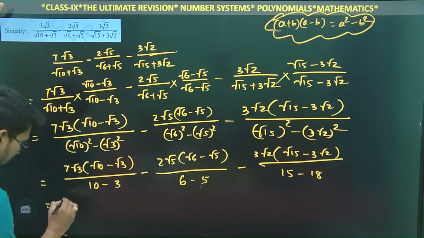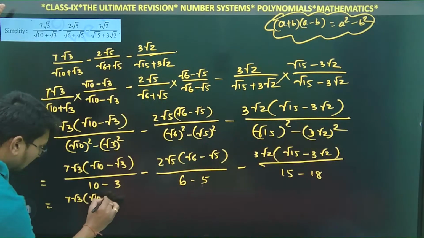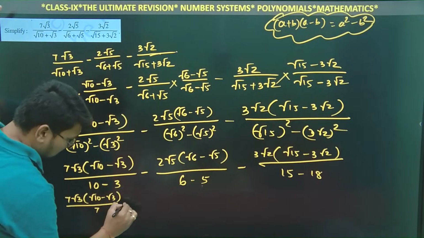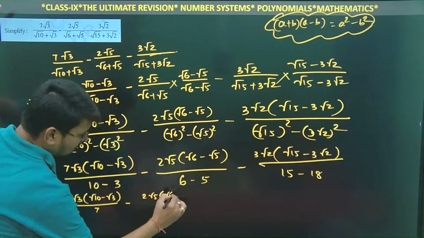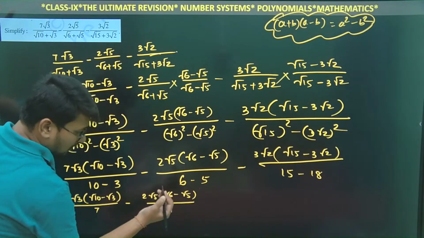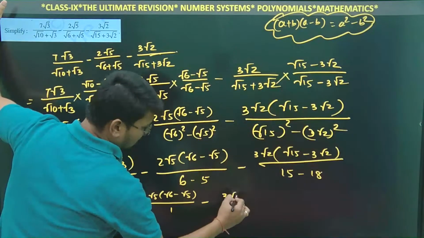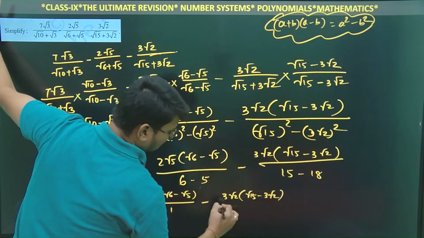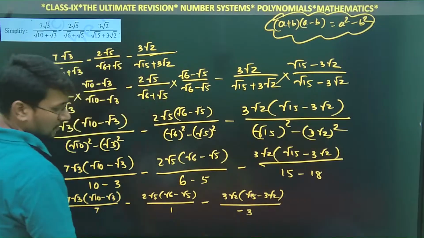So I can write now, this is 7 root 3 into root 10 minus root 3 divided by 7, minus, check, 2 root 5 into root 6 minus root 5 whole, divided by 6 minus 5, which is 1, minus 3 root 2 into root 15 minus 3 root 2 whole, divided by 15 minus 18, that is minus 3.